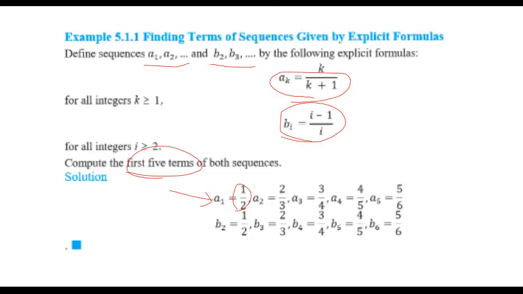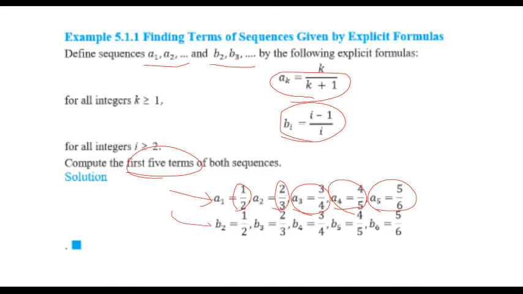And for A2, we have 2 over 2 plus 1, because in A2, k is equal to 2, so we substitute k with 2. In the third term, we have a sub 3 equal to 3 over 4. Then A4 is equal to 4 over 5, and A5 is equal to 5 over 6. So these are the 5 terms of sequence A.